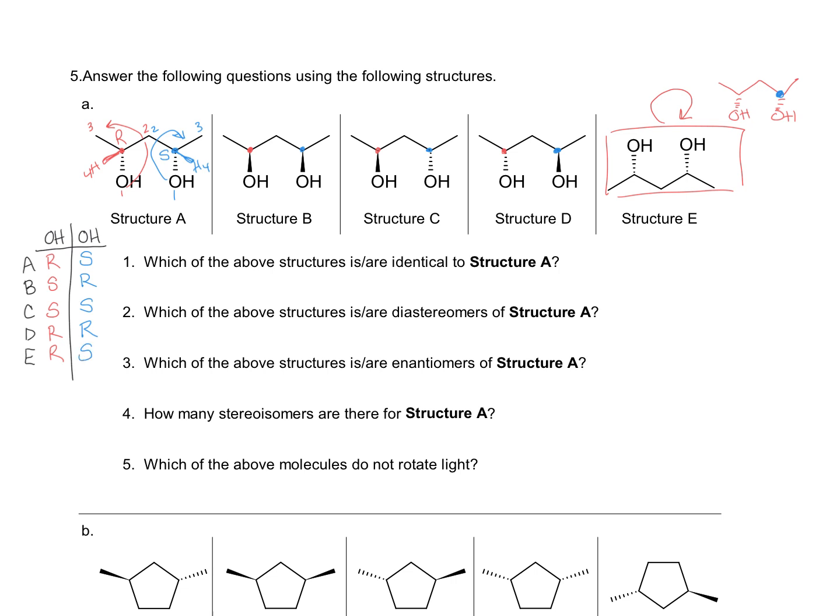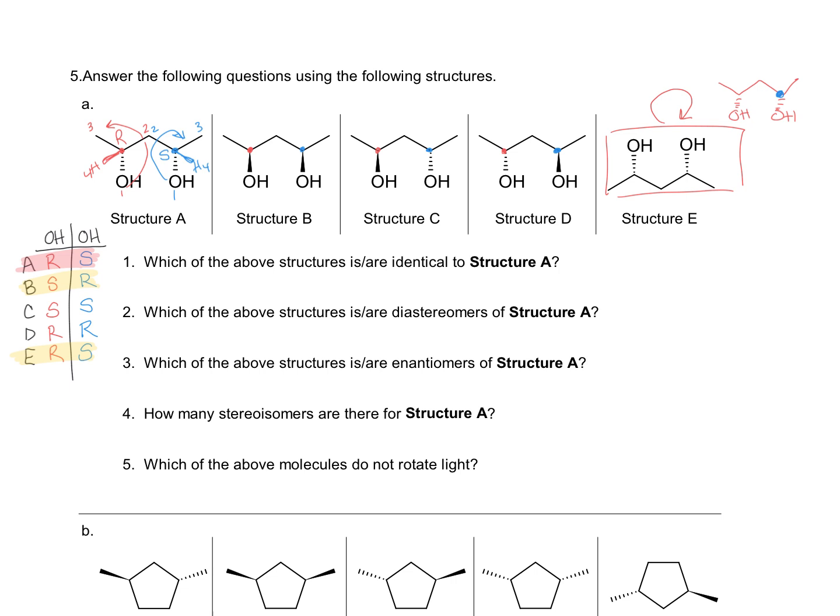So now we're asking, which of the above structures are identical to A? So we'll highlight them to cross them off. So A is RS. That's what we're going to compare everything to. So which ones are identical? Upon first glance, we should for sure see that E is identical. And then the other thing that we hopefully will notice is that B is also identical.